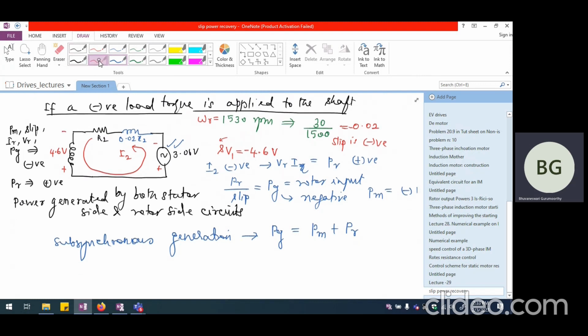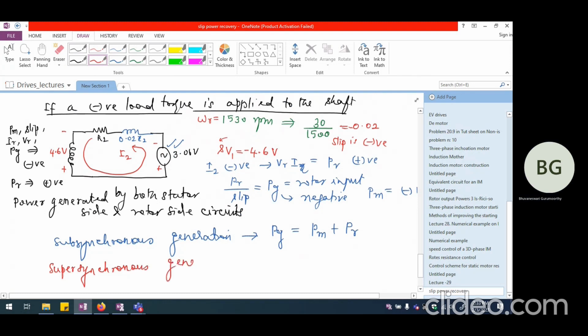On the other hand, if we are talking about super synchronous generation, we are going to have stator side supply being generated separately, and from the rotor side, separate generation is going to take place. Both of them put together will balance with what is given as the input power from the wind turbine side, which is running at higher speed than synchronous speed.